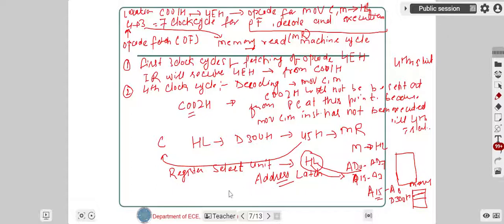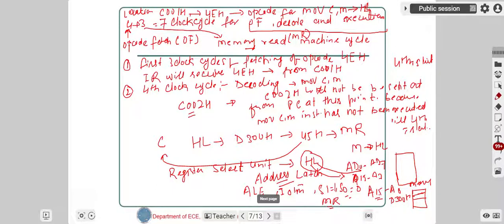Similarly here, the ALE signal, the IO/M bar signal, and the S1 S0 signals will be set. S1 will become 1 and S0 will become 0 to indicate the memory read machine cycle.